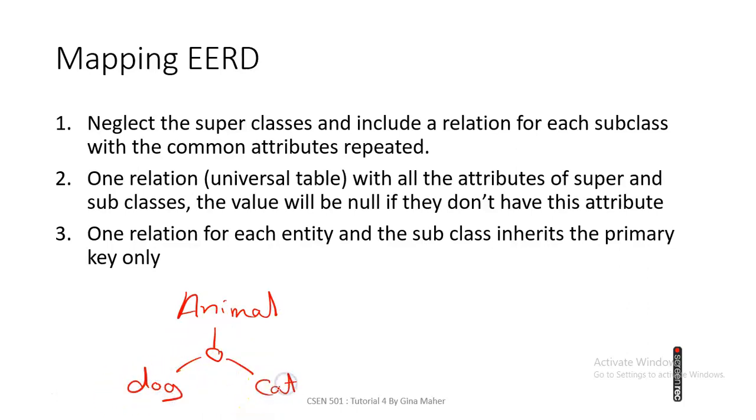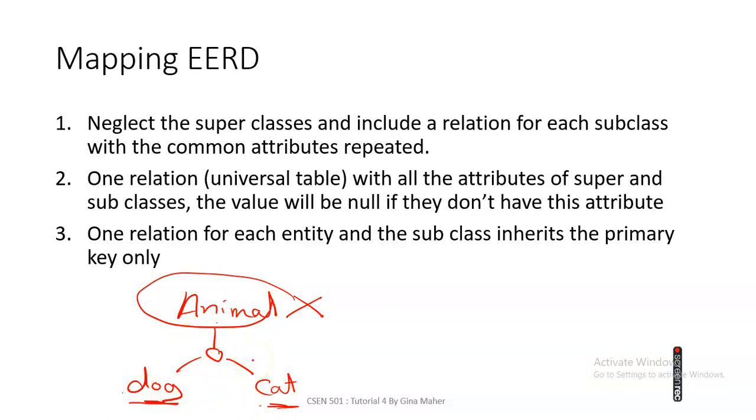One of the options is to neglect class animal and make two relations, one for the dog and one for the cat, and take all the attributes found in the animal entity and put them once in the dog and once in the cat. So in this case, we neglect the superclass and make two relations for the subclasses, adding the common attributes in each relation.